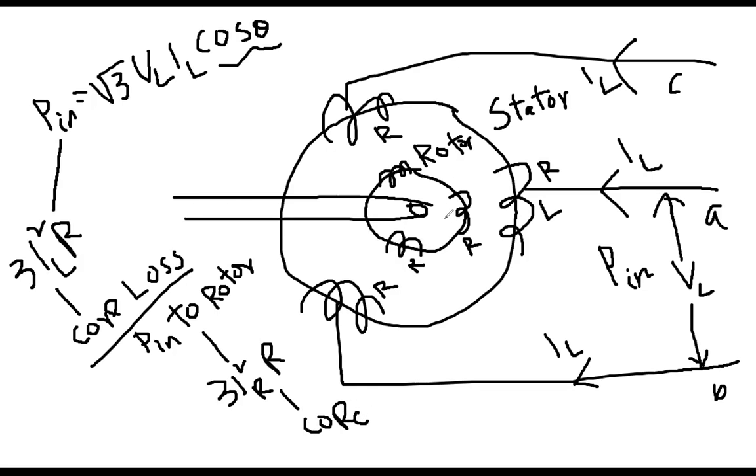After subtracting the core loss of the rotor, you get the PM, the mechanical power applied on the shaft. Mechanical power means the motor has gained the energy. The motor now has enough torque to rotate, and then the motor has started rotating.